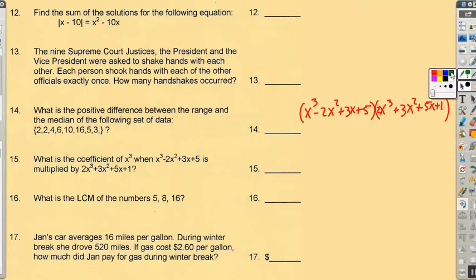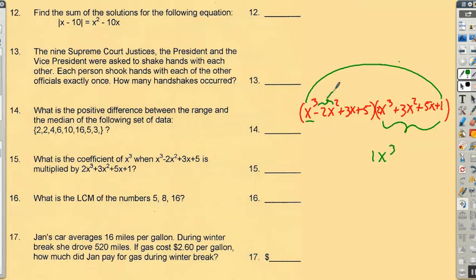All right, so the question is, x to the third times one of these terms is going to give me another x to the third. Well, if I multiply x to the third times x to the third, I get x to the 6th. That's no good. But x to the third times 1 is just 1x to the third.